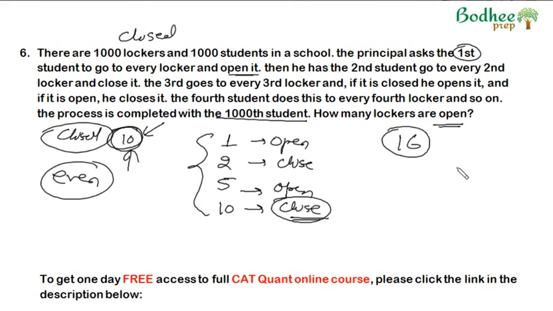Obviously all those students whose numbers are factors of 16 will operate locker number 16. So it will be 1, then 2, then 4, then 8, then 16. These are the students who will be operating locker number 16. Initially it was closed, so student 1 will open it, second will close it, fourth will open it, 8 will close it, and 16 will open it.